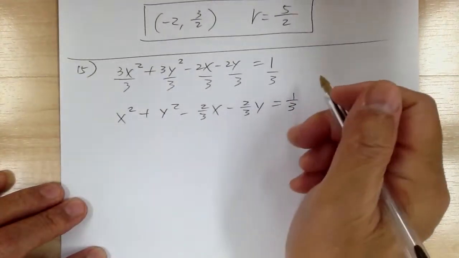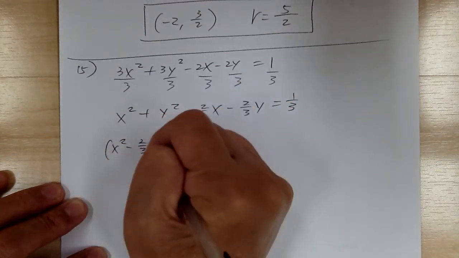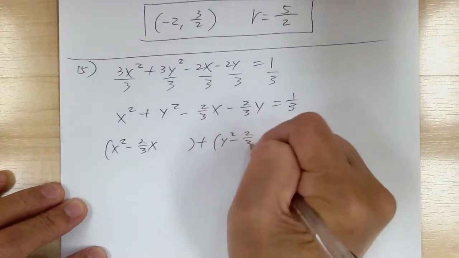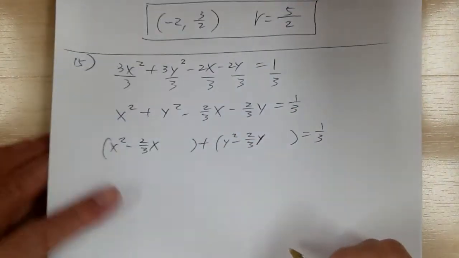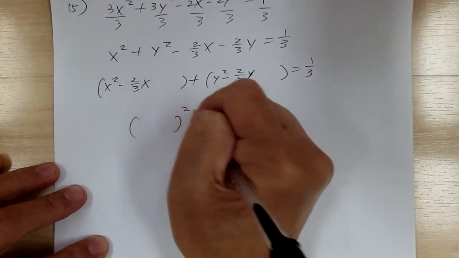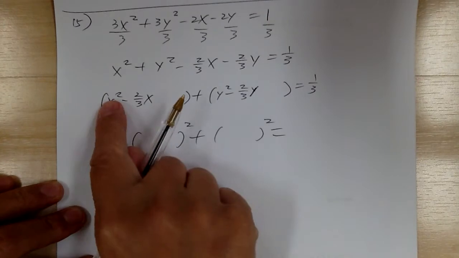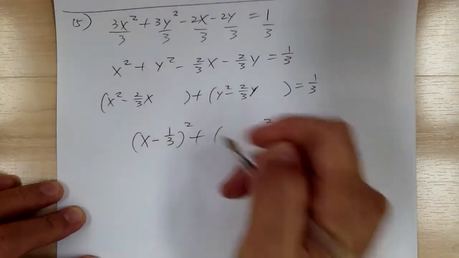Next, let's group our x and y. Then get the template ready. From here you need to have an x minus, now half of that would be 1 over 3.